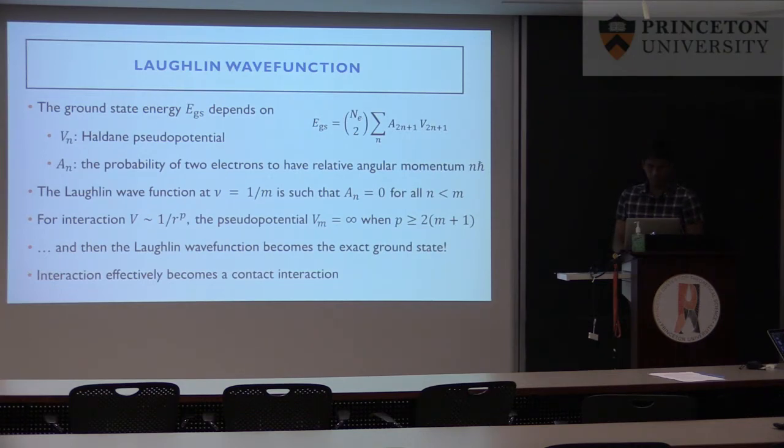When this happens, the interaction effectively becomes like a contact interaction, and the ground state completely inherits the asymmetry of the Hamiltonian, because the Laughlin wave function can be written directly in terms of the stretched and rescaled coordinates. So that's what's going on. That's what causes the kink.